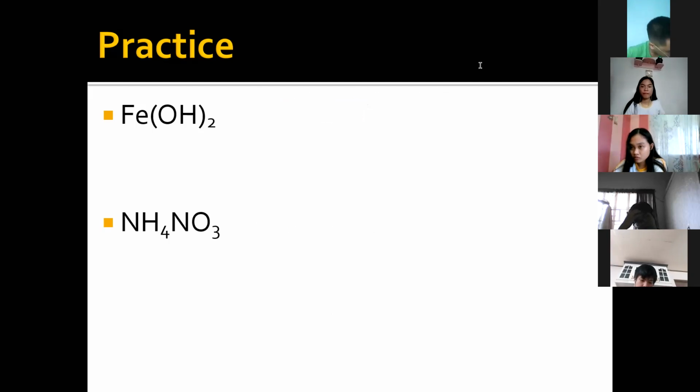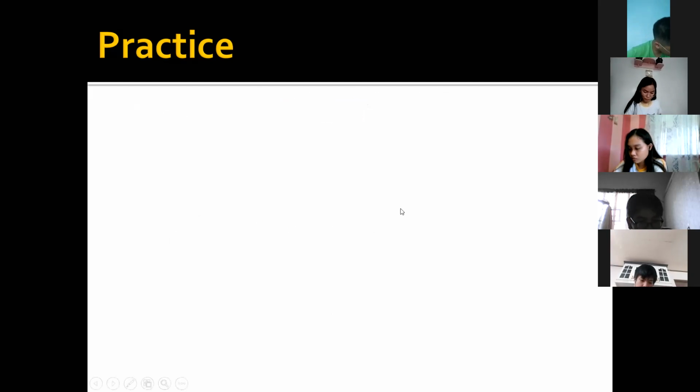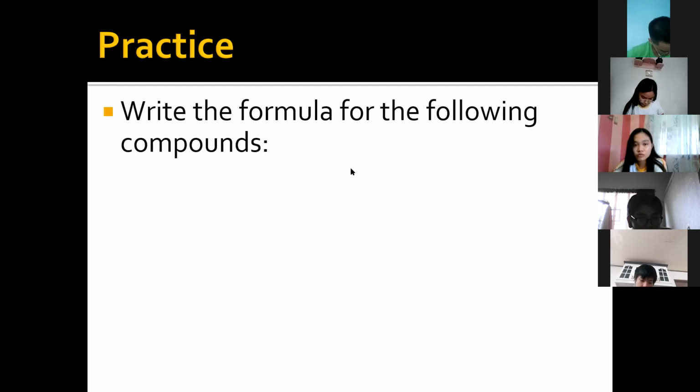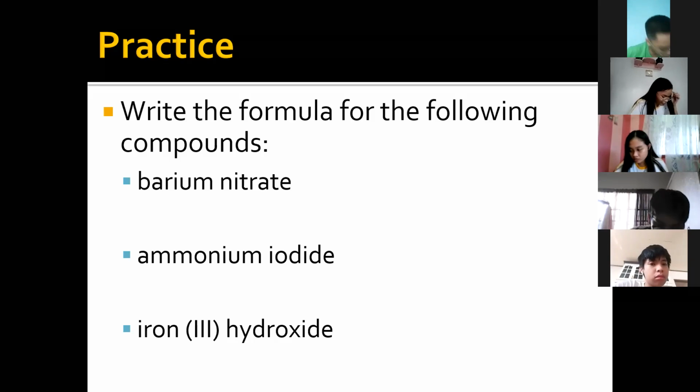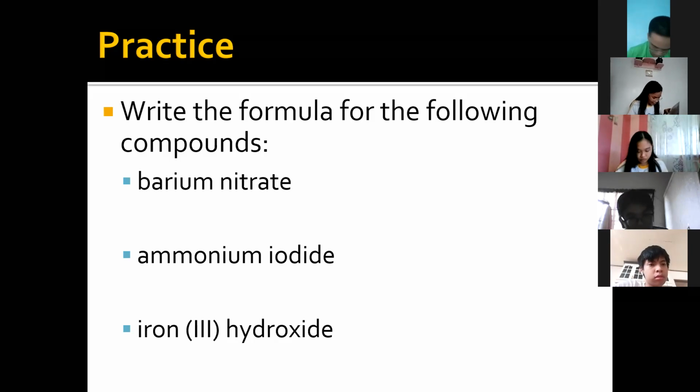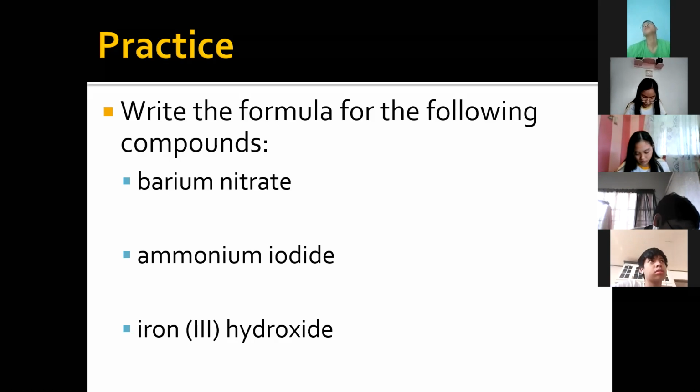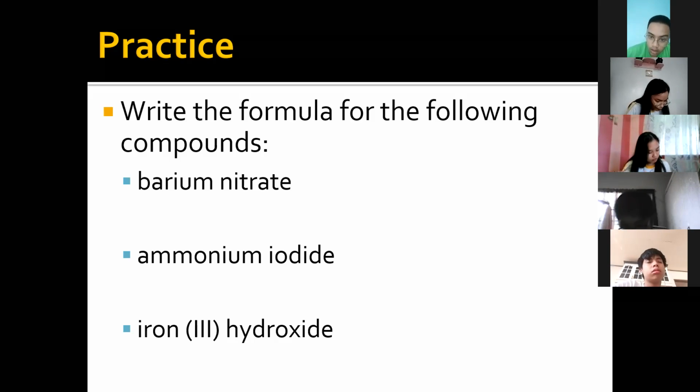We still have more examples here. Write the formula for barium nitrate. Barium is +2, and nitrate is -1. So what is the formula for barium nitrate?